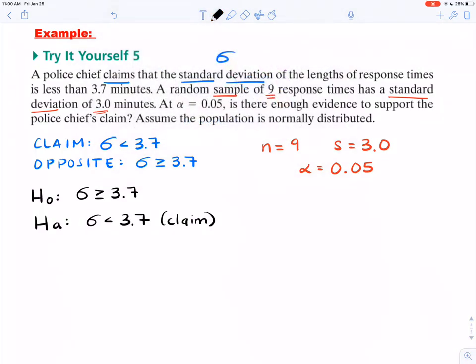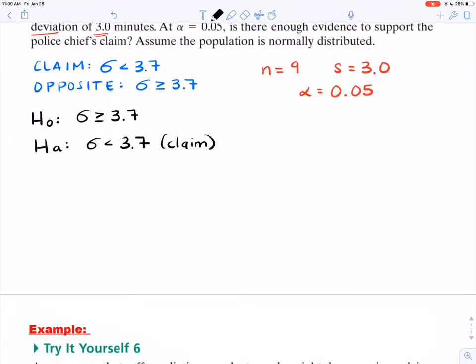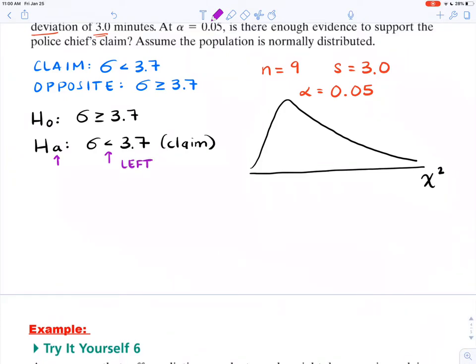All right, so from here, I'm going to use that level of significance to get my rejection region and my critical value. Testing for variance or standard deviation is always going to use a chi-square distribution. So I'm going to sketch that chi-squared curve that's always skewed to the right. Now, to shade my rejection region, for any hypothesis test, I look back to the alternative hypothesis, H sub A. Because that contains less than, I know this is going to be a left tail hypothesis test.